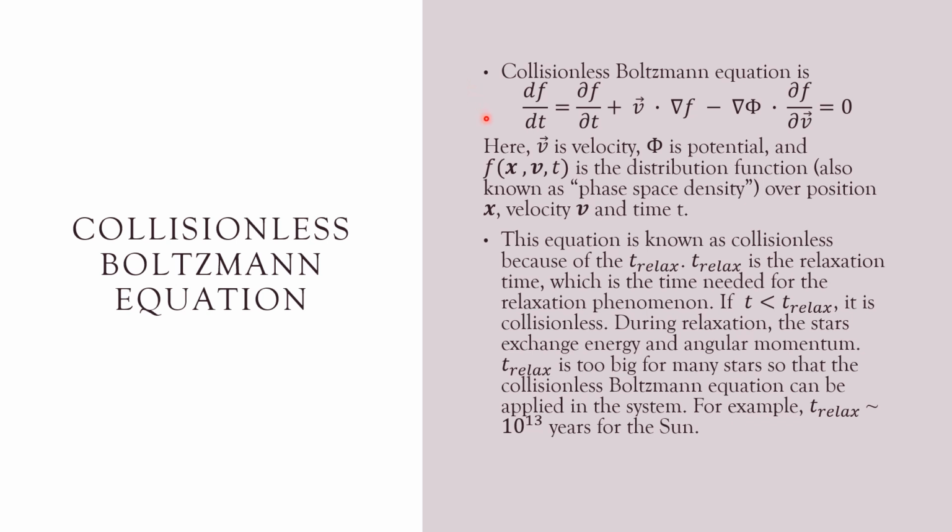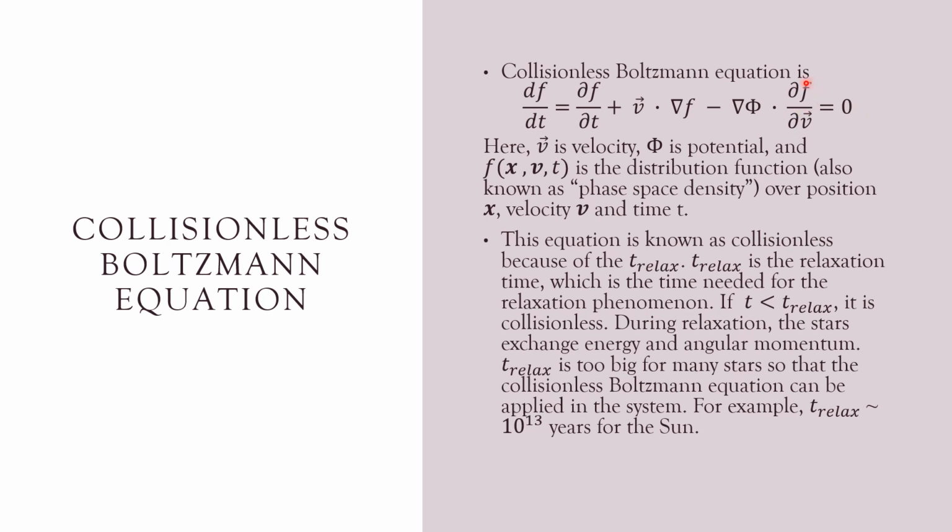The equation as presented in the slide takes the form: the full time derivative of f is equal to the partial time derivative of f plus v vector dot gradient of f minus gradient of phi dot del del v vector of f, equal to 0.